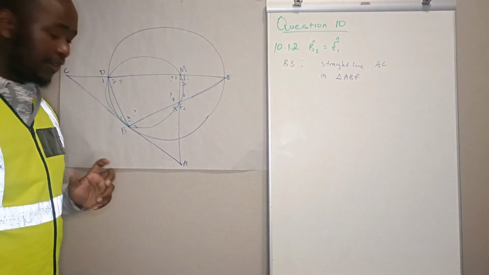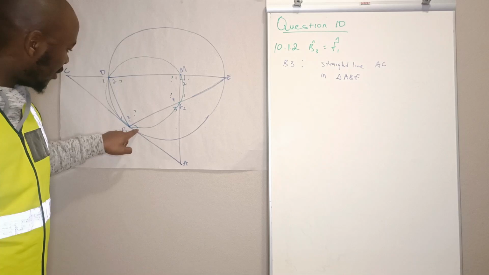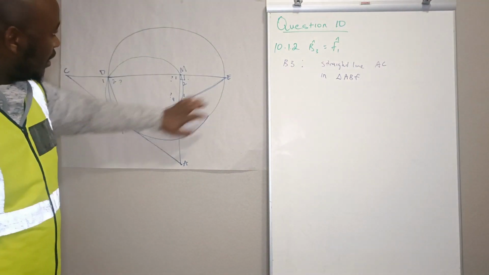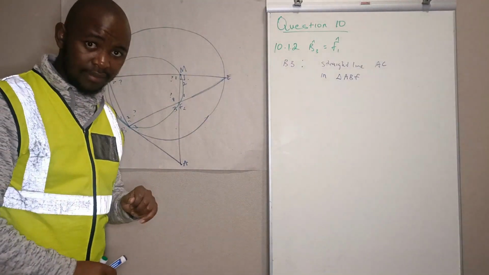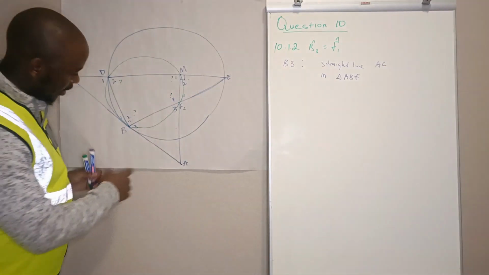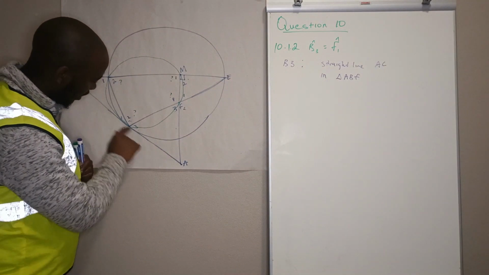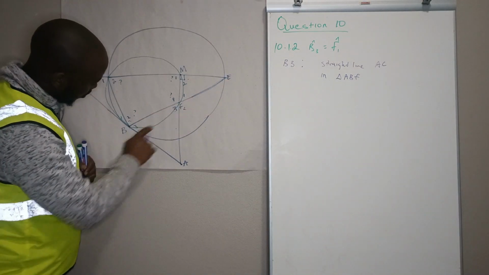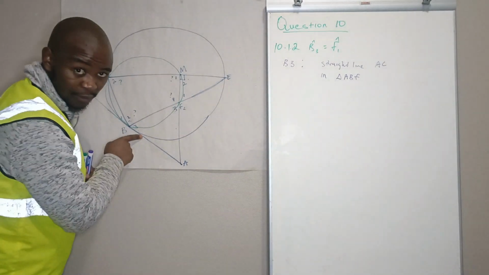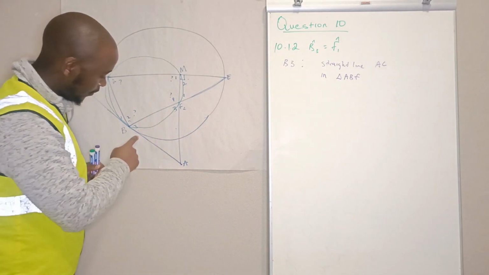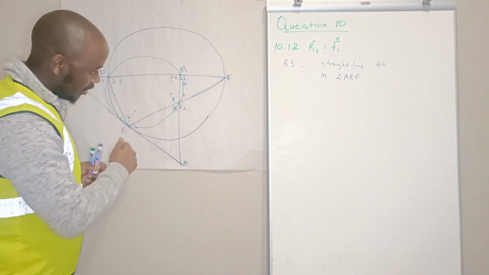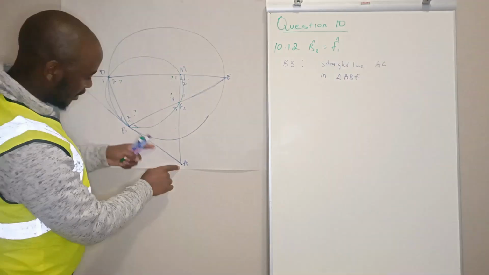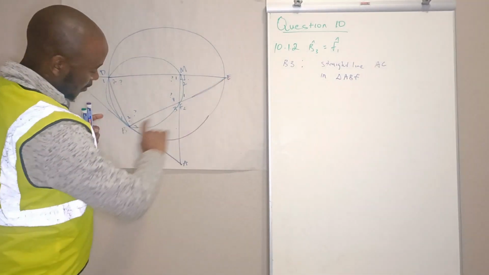But we notice something different about this angle, in that this angle is not fully in the circle. This angle is between a tangent and this line here, BE. So part of it is outside of the circle. So that angle is between a tangent and this chord BE.